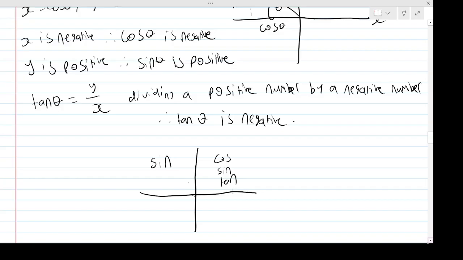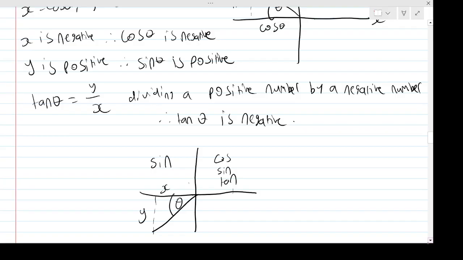If the angle is now in the third quadrant, so we have to go that way along, we have an angle between 180 and 270 now. Again, the x is negative there, and the y is negative as well. So if sine and cos represent y and x, they're both negative.